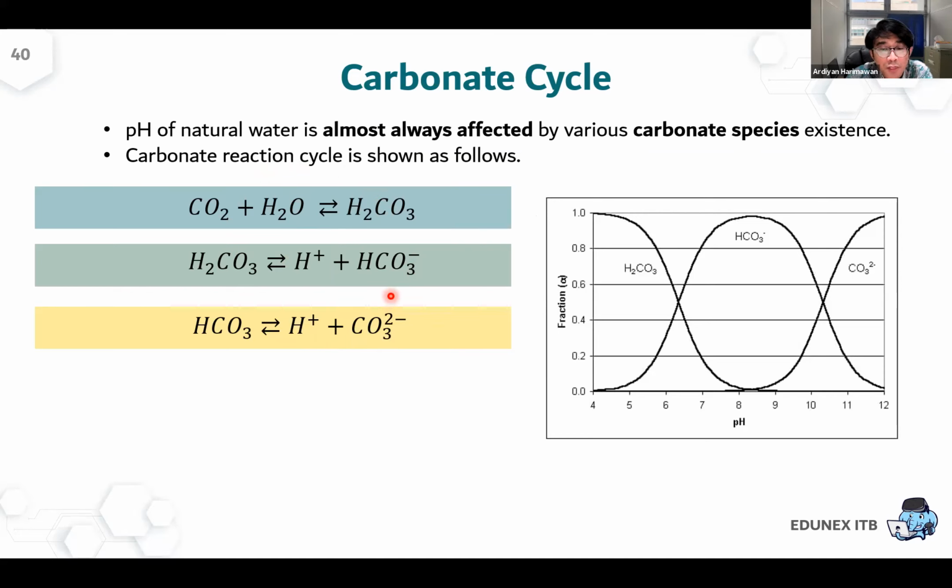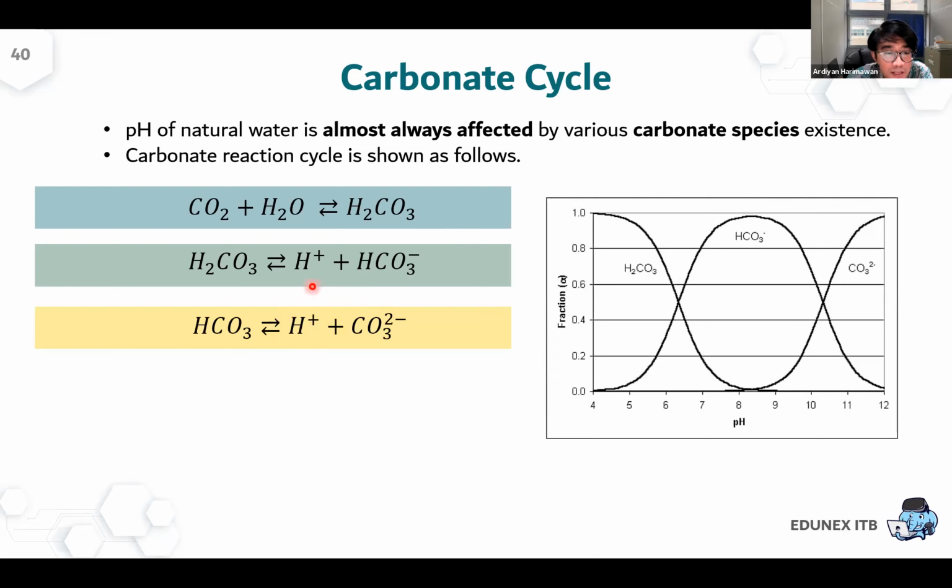So please remember again about the equilibrium properties. If you have a lower pH, what will happen? Lower pH means what? It will shift to the H2CO3, sir. Yeah, why? Can you explain? Because at lower pH, it means you have high hydrogen concentration, right?